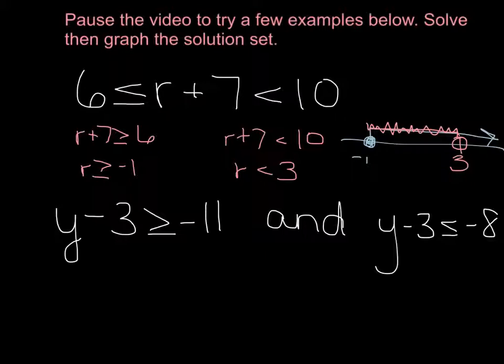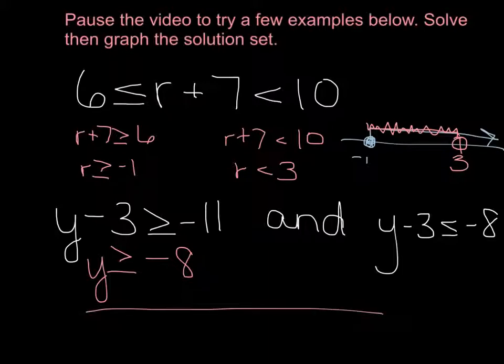For the next one, they've actually broken this one apart into two different inequalities for you, but it's still a compound inequality. And so we have y minus 3 is greater than or equal to negative 11. So this one would be y is greater than or equal to negative 8. So I'm just going to go ahead and graph that one.